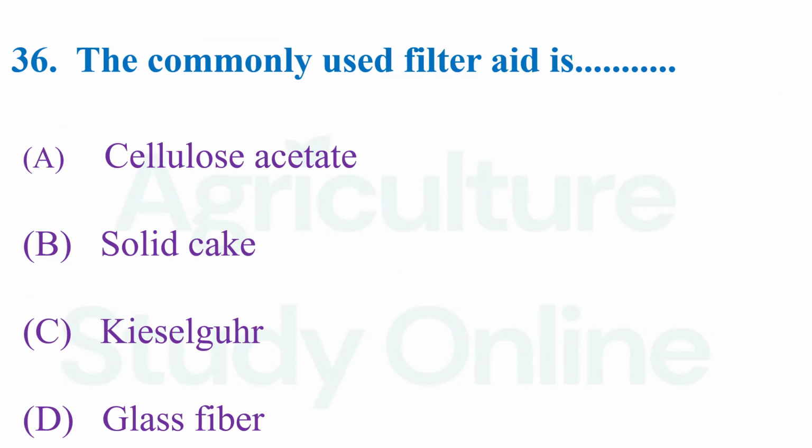Question number 36. The commonly used filter aid is, so the filter aid is a material which is added during the filtration to improve the flow rate or to prevent the clogging or form a porous cake. So the most commonly used filter aid is Kesselgur, means diatomaceous earth.